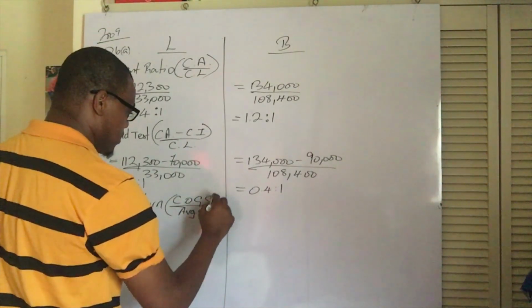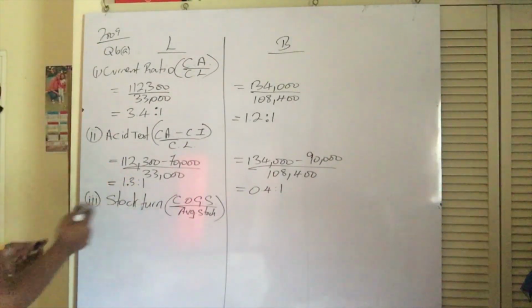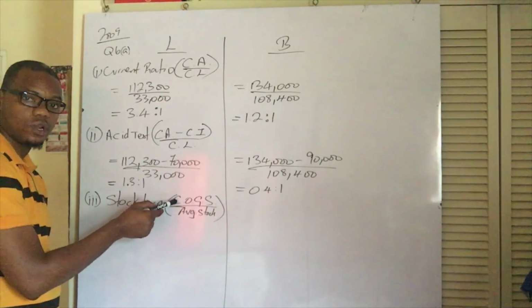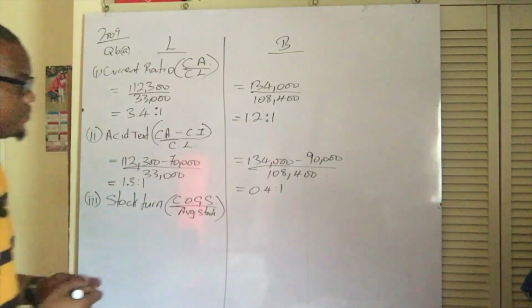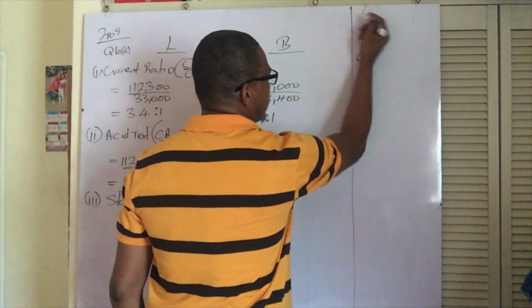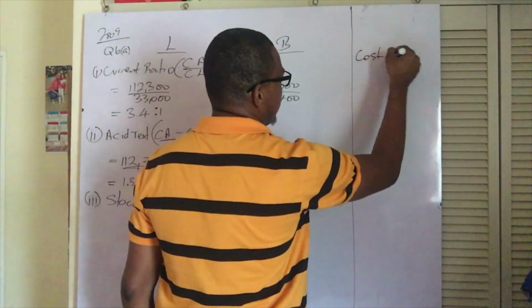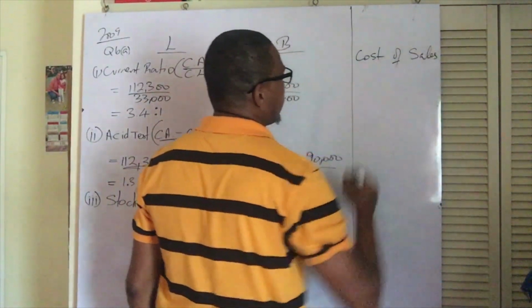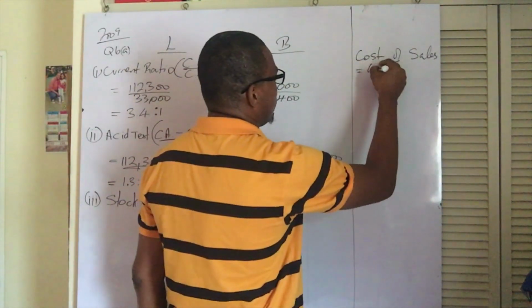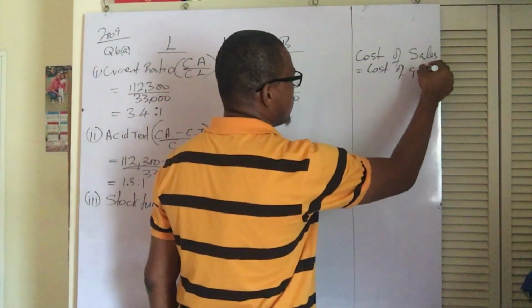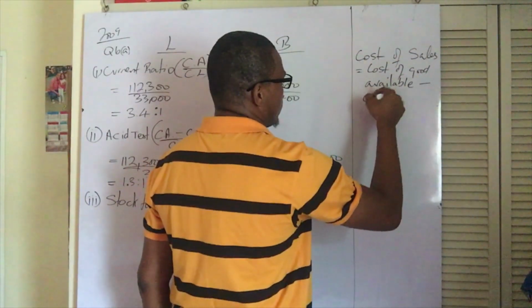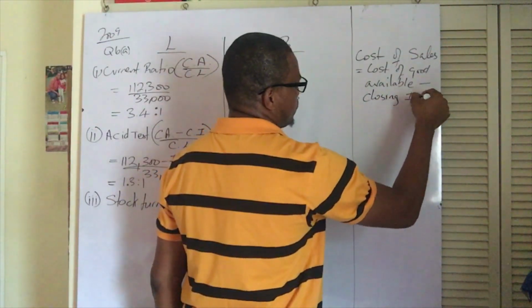This is one of the ratios that you have to do additional calculation to actually do. So you would have to calculate what average stock is, and you have to know how to calculate cost of goods sold or cost of sales. Now remember, cost of sales would be equal to cost of goods available minus closing inventory.